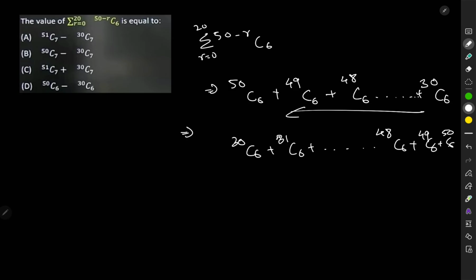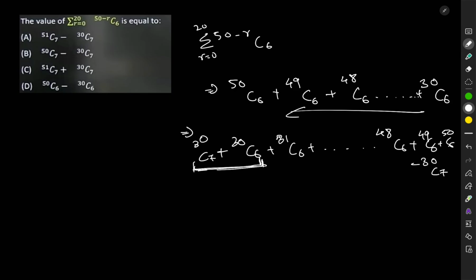No problem. So just add 31C7 and subtract 31C7, fine. Have you seen this, how to add this and write? We have seen it, right? Sorry, 30C7. Okay, 30C7 plus 30C6.